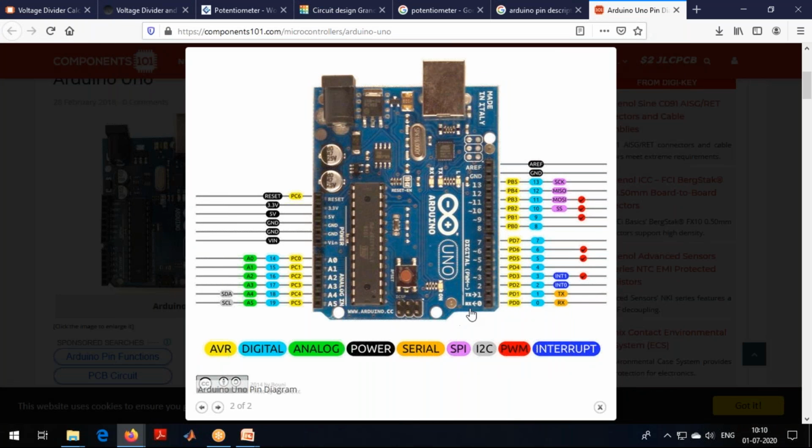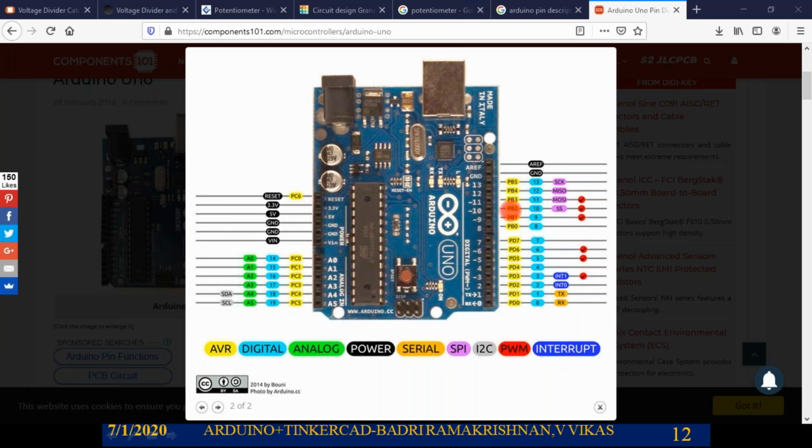These are the connections we have for Arduino. All the connections on the right side are considered digital pins. These digital pins are named 0, 1, 2 and so on till 13. We have some reference pin, which right now we don't want to discuss.